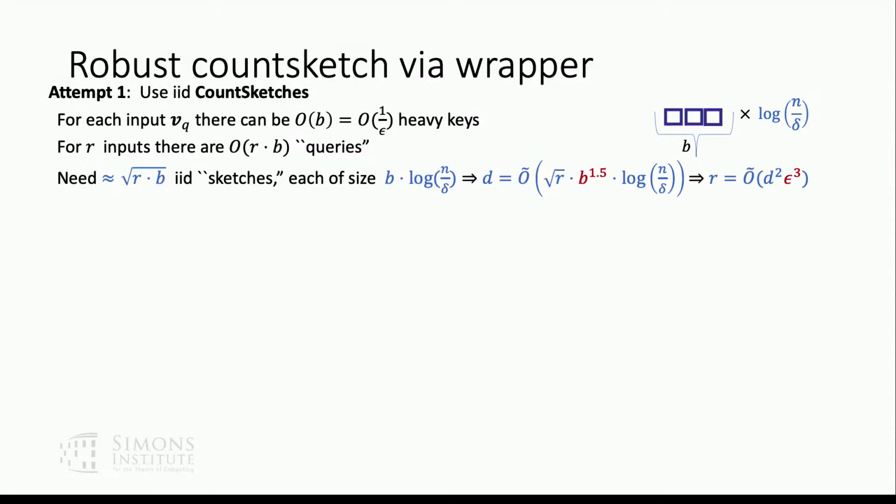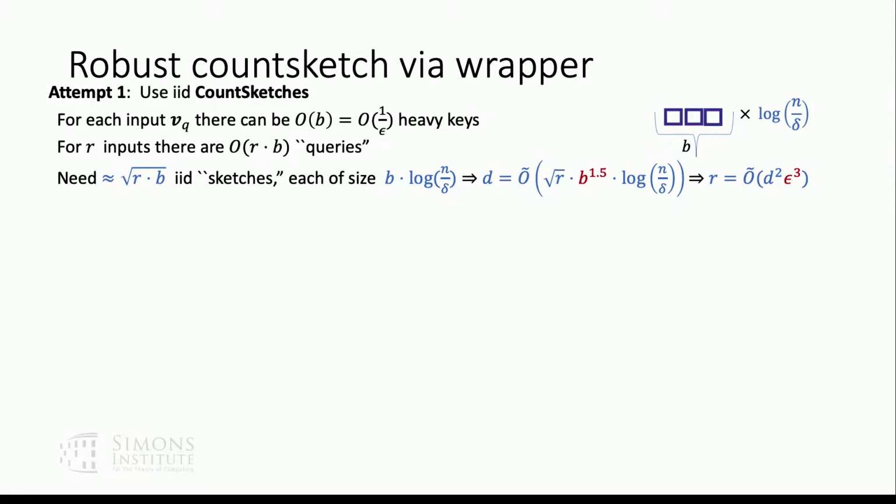Okay, so now we want to apply this robustness wrapper with a count sketch. So the usual way is the straightforward way. We take this whole sketch, like a logarithmic number of sets of measurements, and we replicate it multiple times, and then we ask how many queries we can answer.